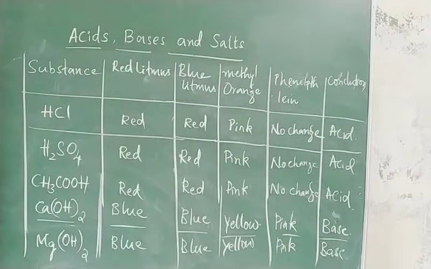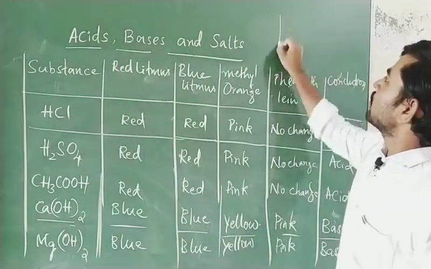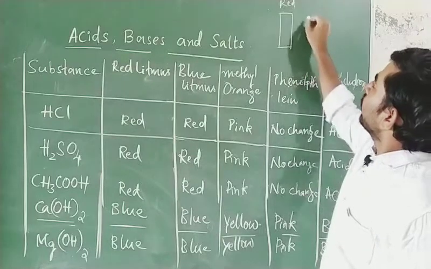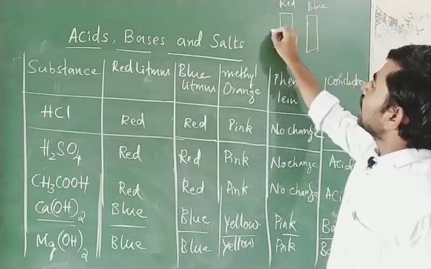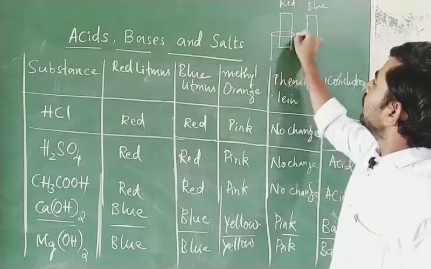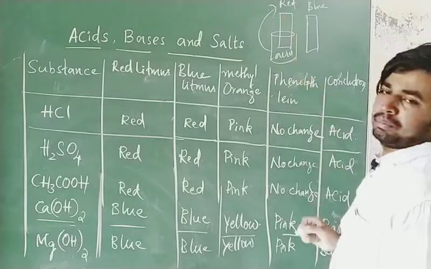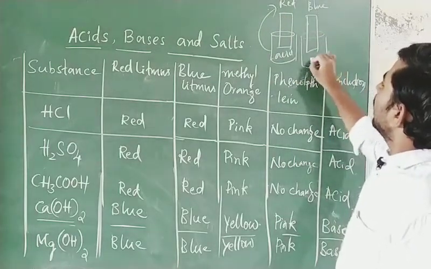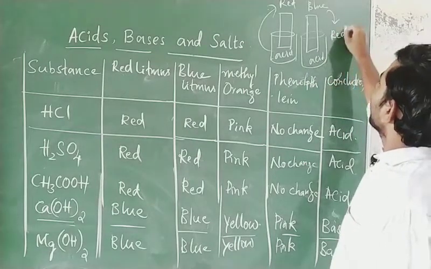Okay, remember, suppose we have litmus paper of two types, one is red, one is blue. If you are dipping in a solution of acid, red remains red only. If you add blue litmus paper in an acidic solution, it turns into red.